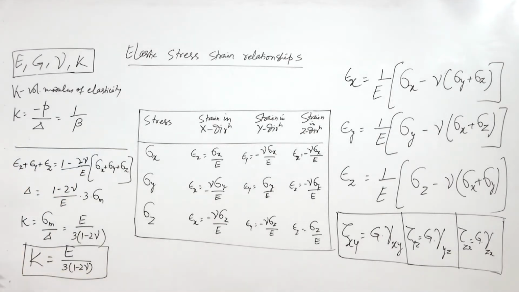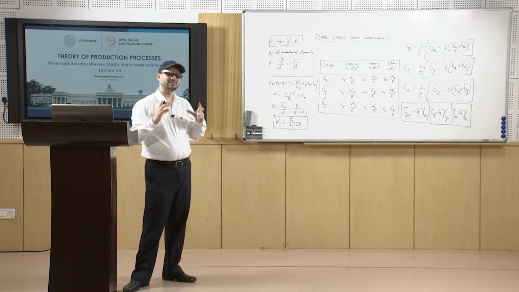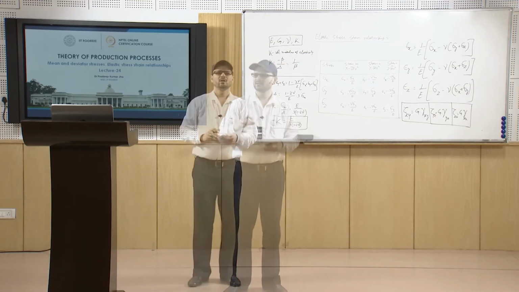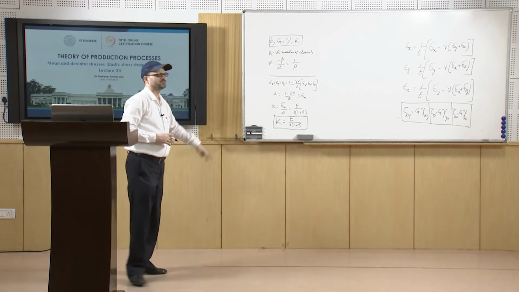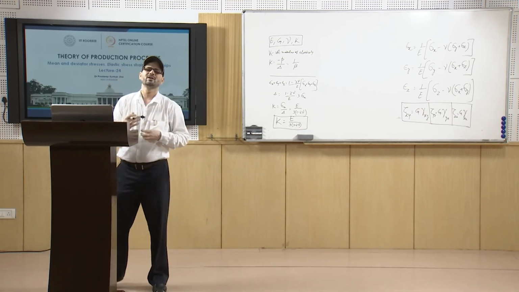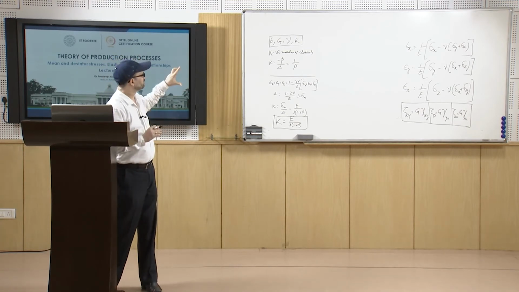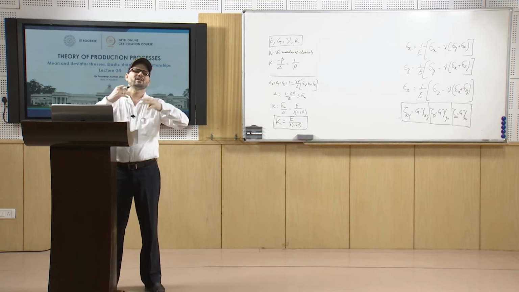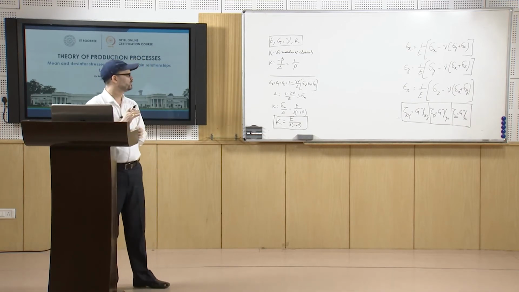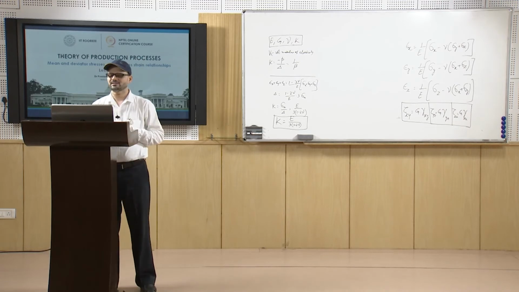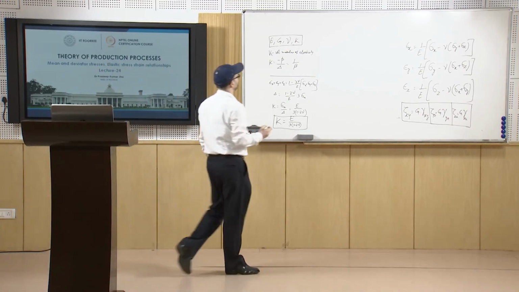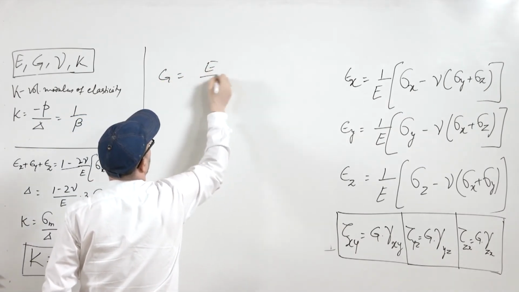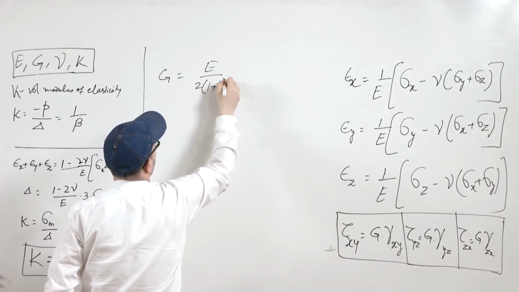So basically in this fashion we can have the equations for the different elastic constants. Now you can manipulate these equations and get the relationship between these constants in a different manner. Suppose you want the relationship between G, E and nu. G will be E by 2 into (1 plus nu).